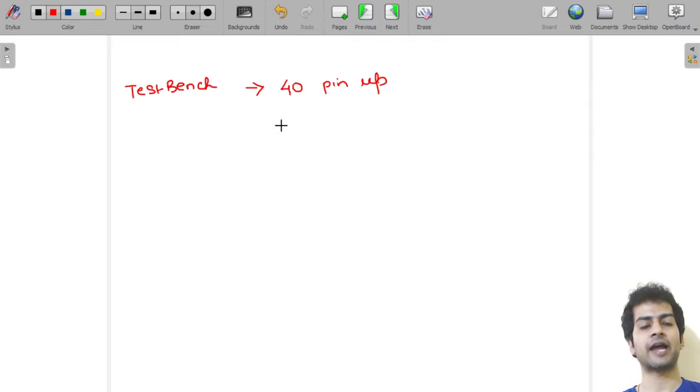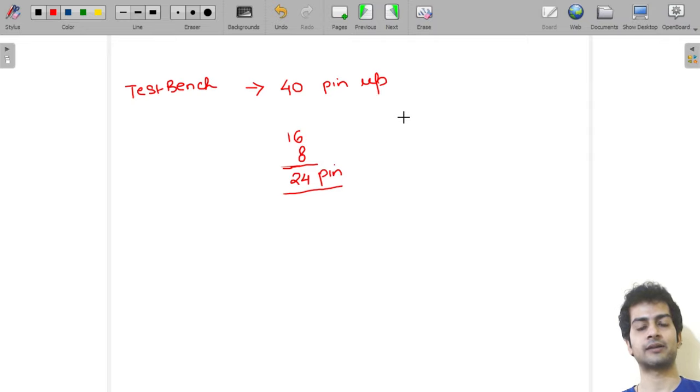And if we had used separate address lines and data lines, then we would have required 24 pins for achieving our purpose of address lines as well as data lines.